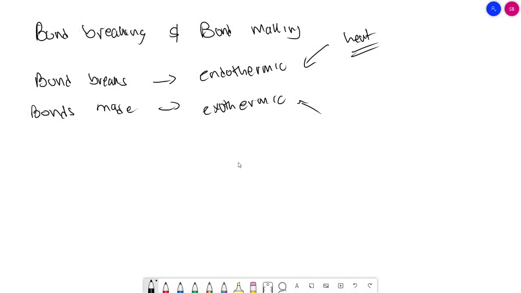Now, what are some examples and how are some exam style questions usually done? Now usually you're given an equation, either stuff with bonds. So it would look like this. They would say H-H, which is a bond, plus Cl-Cl equals 2HCl.